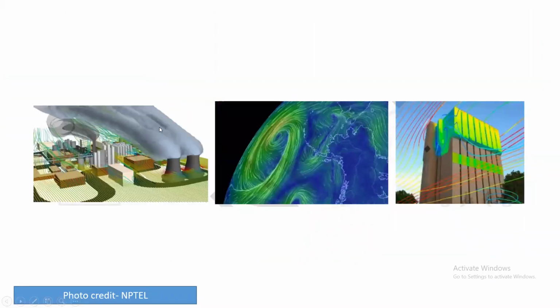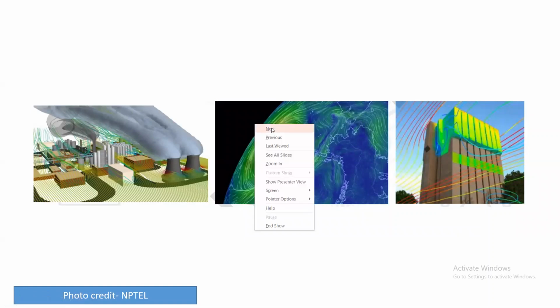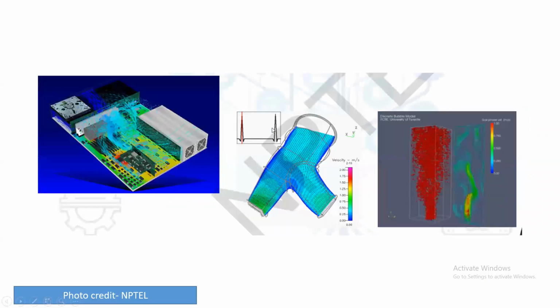These are in the power plant and environmental engineering, such as weather prediction. If you are making a very tall building, you can predict how it behaves if a tornado comes, and the flow pattern around the building, to optimize your building strength.